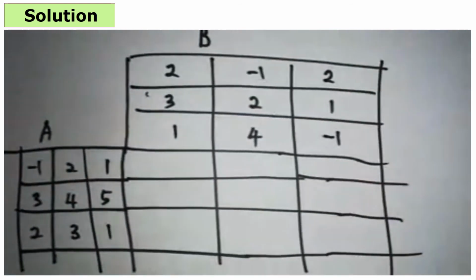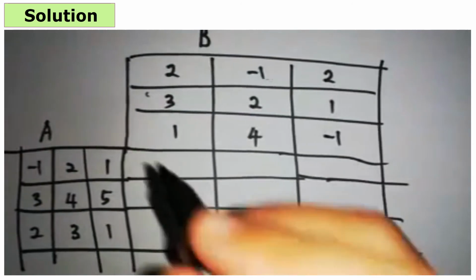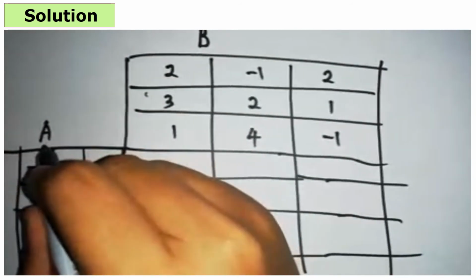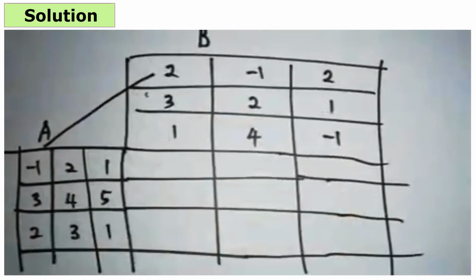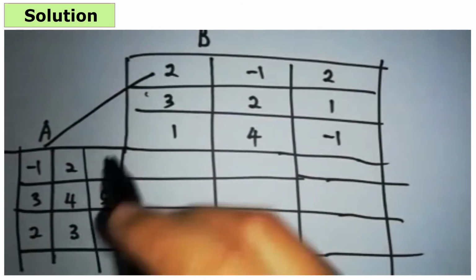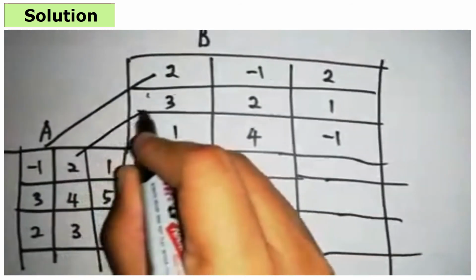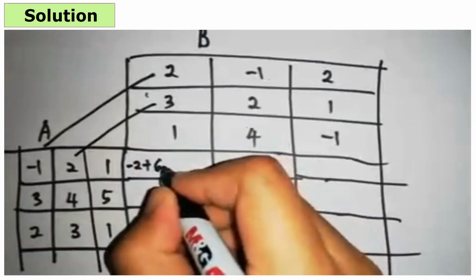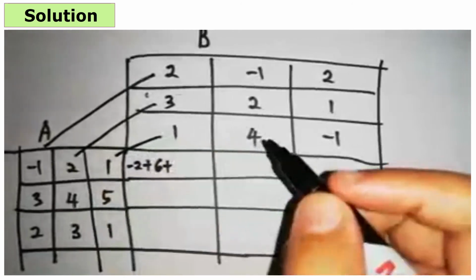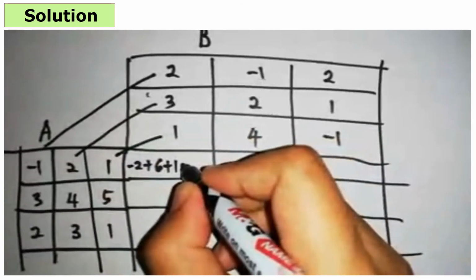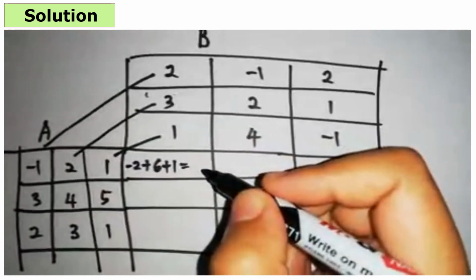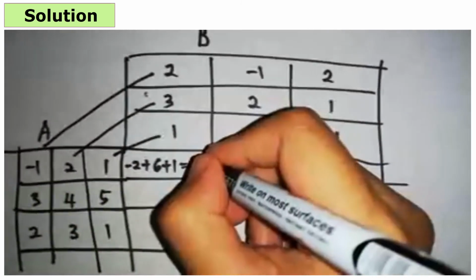Okay, and then to find the product of AB, we just multiply -1 with number 2. We got -2 plus 2 times 3, 6, plus 1 times 1, which is 1. So -2 plus 6 plus 1, we got 5.